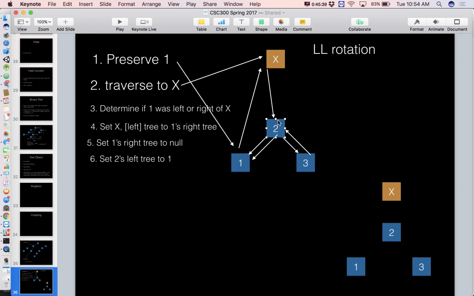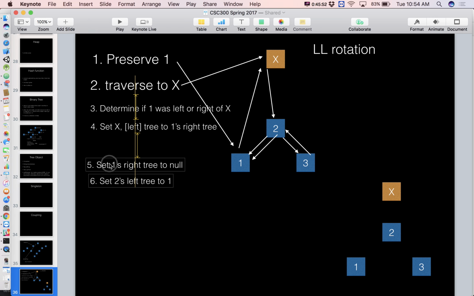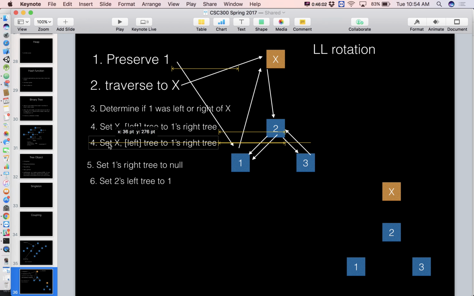Before we set our right tree to null, we want to set our parent to what? Well, one's not going to have a right tree here. Right, I mean, the twos. So this is step 4.5.